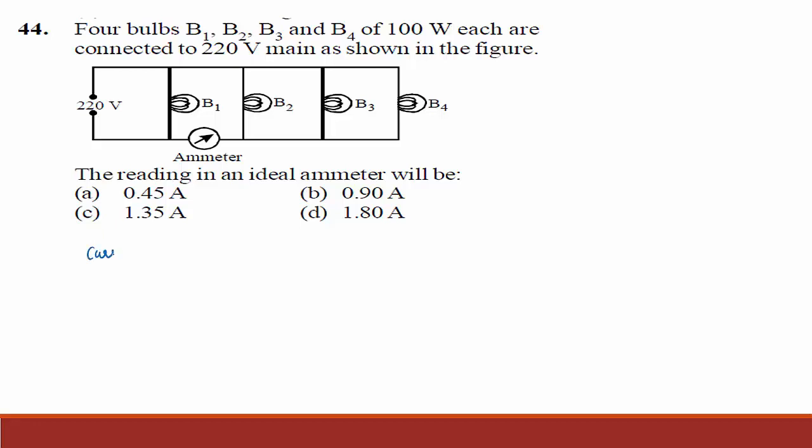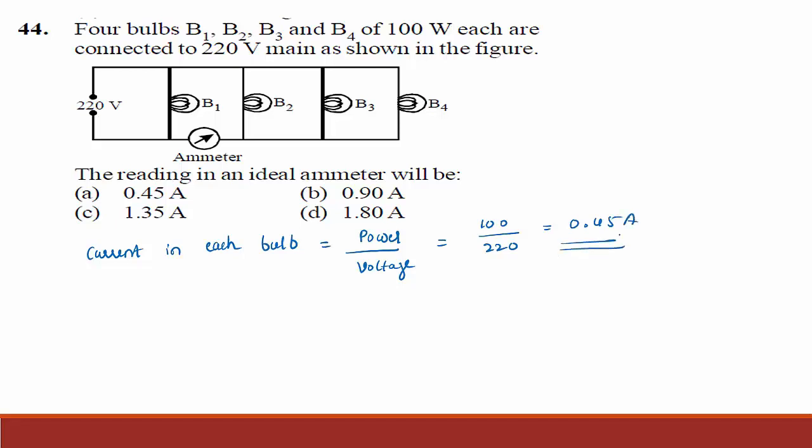First we can find current in each bulb is equal to power divided by potential difference, or we can write voltage. Right? So power is given, that is 100 watt, and voltage is given 220 volt. So we will get nearly 0.45 ampere.